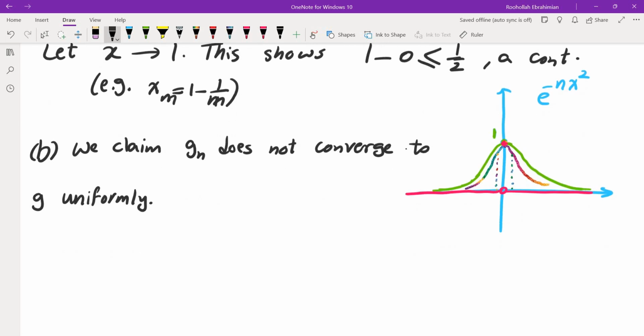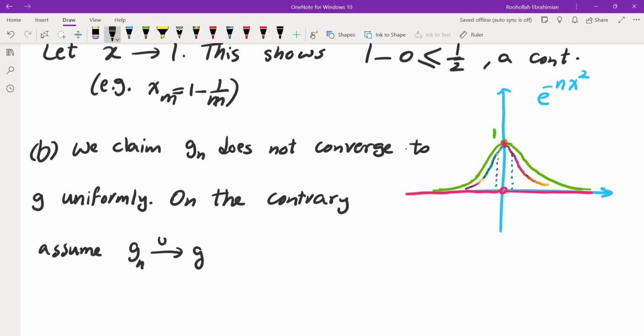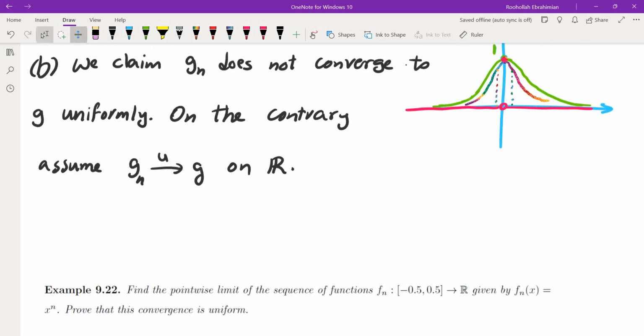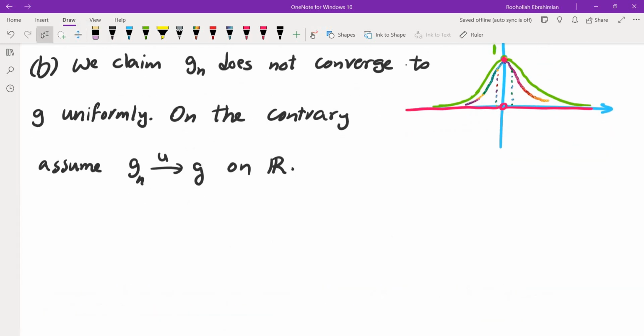We're going to do the same thing. So on the contrary, assume Gn does converge to G uniformly on the entire real line.